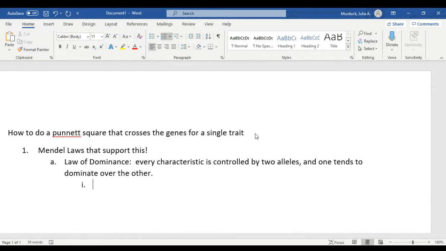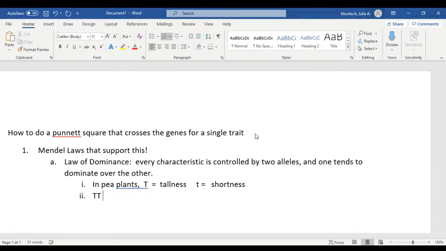You might have, in his pea plants, right? In pea plants, big T was the allele for tallness, and little t was the allele for shortness. So what would happen?